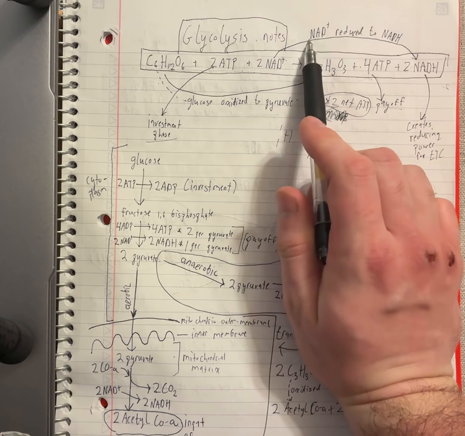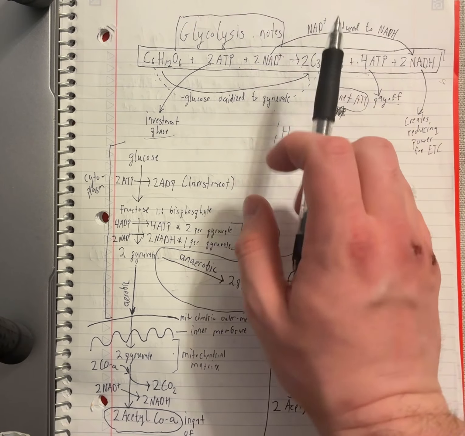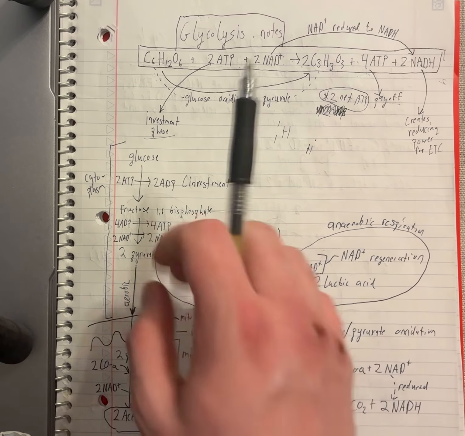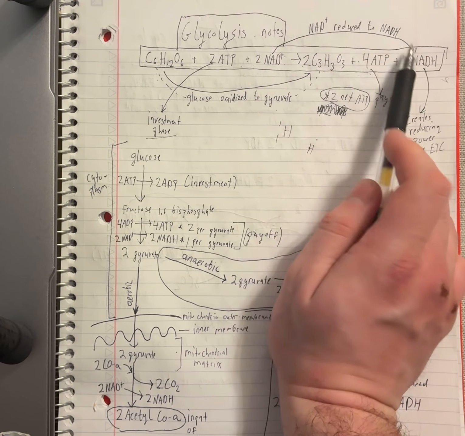So that is going to be a reduction. Super important to be able to track what is reduced and what is oxidized in a substance. Remember your OIL RIG: oxidation is loss of electrons and reduction is a gain of electrons. You can also think of it as reduction is reducing the charge. So we have a +1 charge and it gets reduced to a 0 charge.